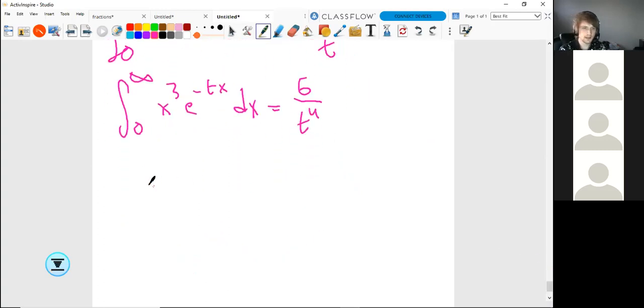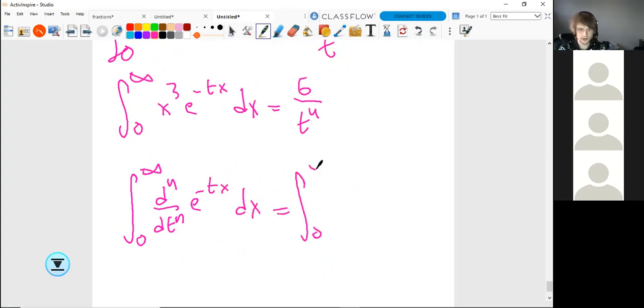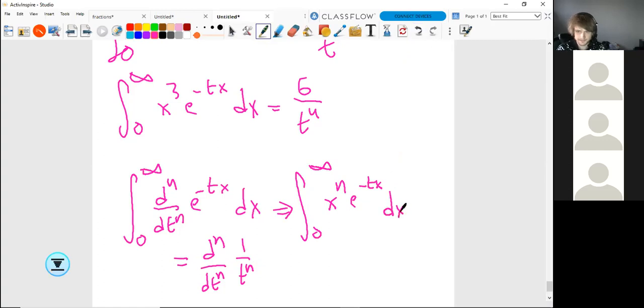And the pattern is if we take our derivative n times of e to the minus tx dx, that is equal to 0 to infinity of x to the n. I should say, if we have this equation, then we get this new equation, the integral of x to the n e to the minus tx dx is equal to n factorial over t to the n plus 1.